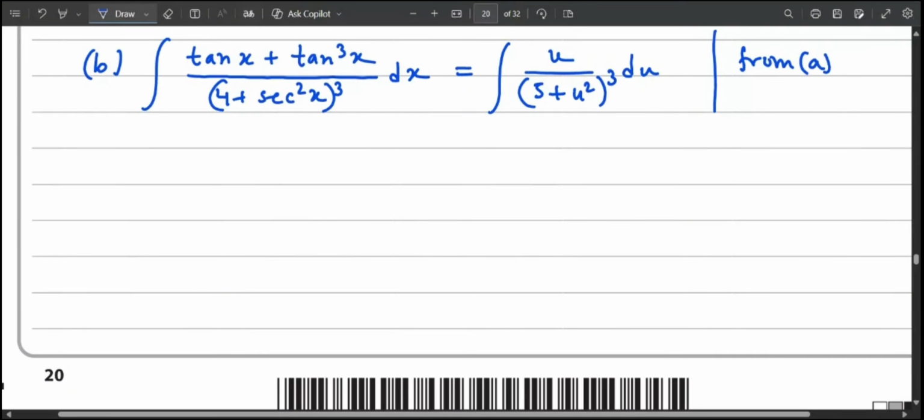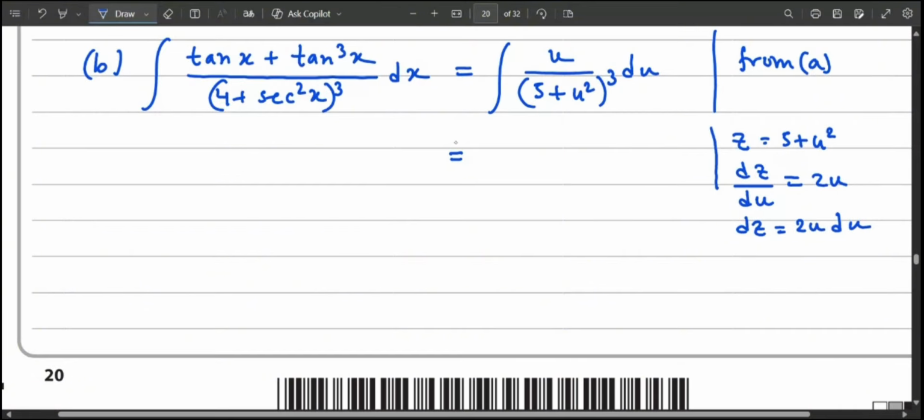Now to solve this integral, we can use the substitution method for integration. We can say that z is equal to 5 plus u square, and dz by du would be equal to 2u, or dz would be equal to 2u du.